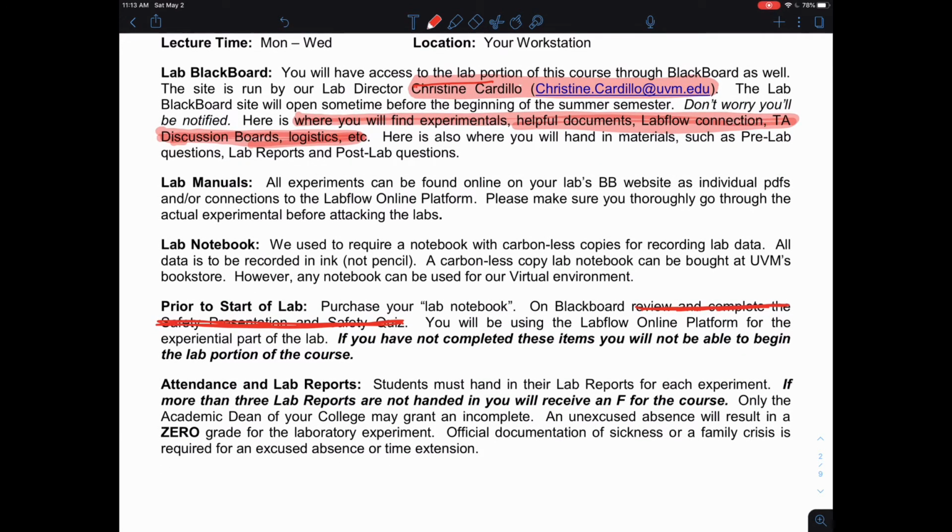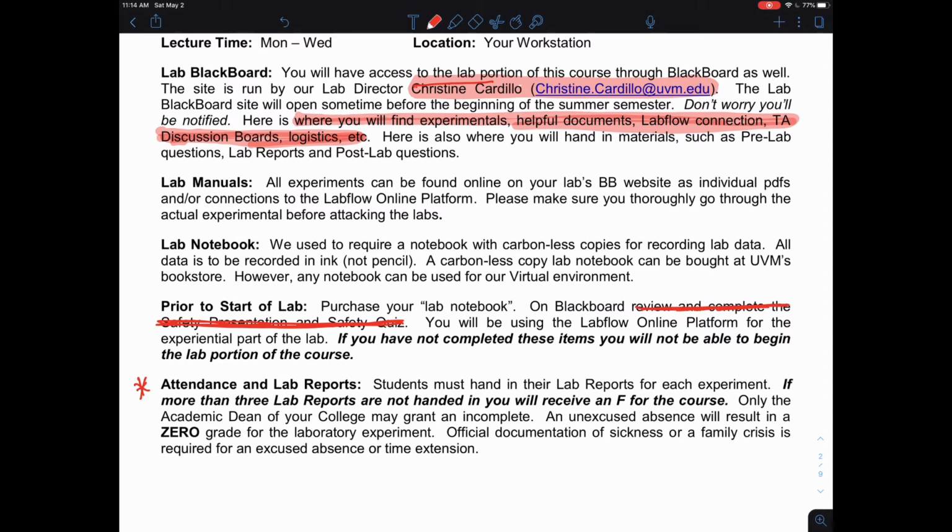And then probably the biggest one of the bunch is attendance and lab reports. So the way the labs are going to work is that on Monday, Tuesday, and Wednesday, you're going to have a lab that's going to open up on Blackboard. And there's going to be pre-lab questions associated with that lab. So the idea is that you would read the experimental.